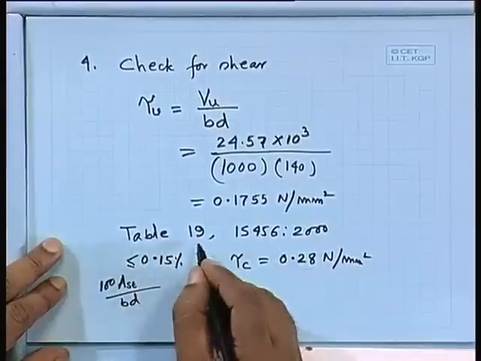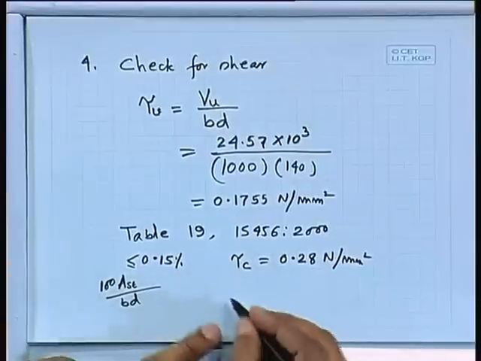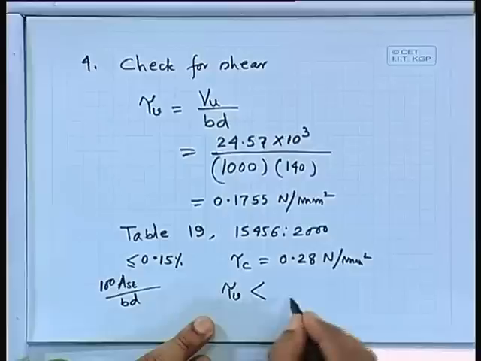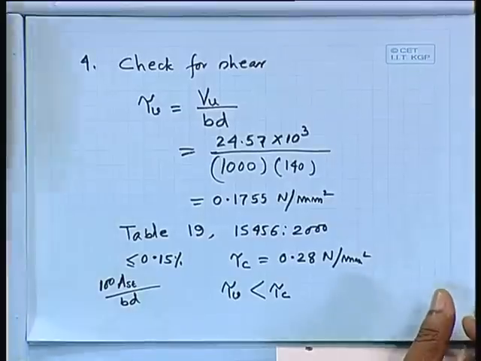This one we get in Table 19 of IS 456 where tau c is 0.28. So, tau v is less than tau c. So, we do not need any shear reinforcement, that means we do not need any stirrup. That is why we do not provide any stirrup, but for other purposes we may need it.